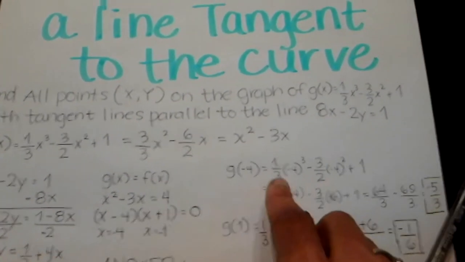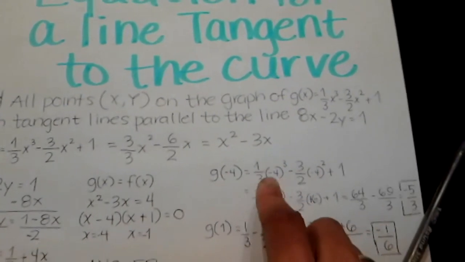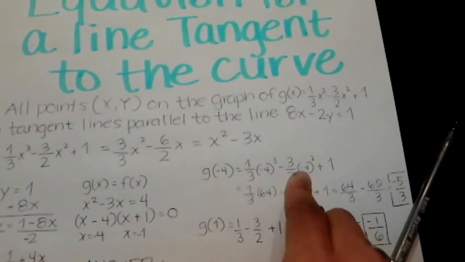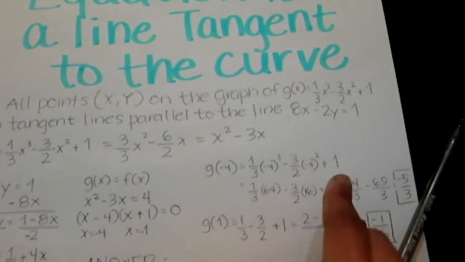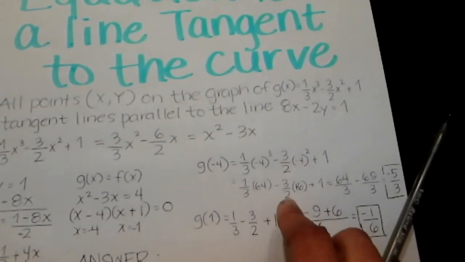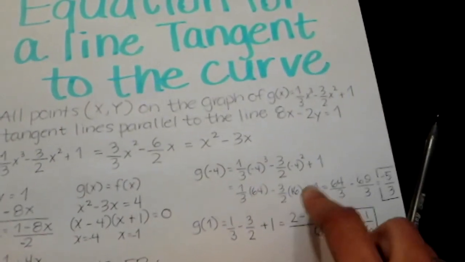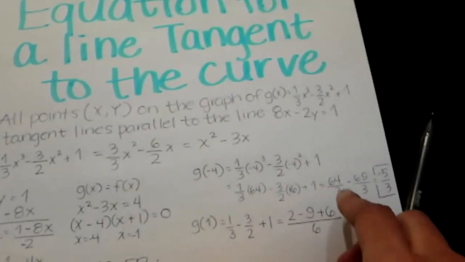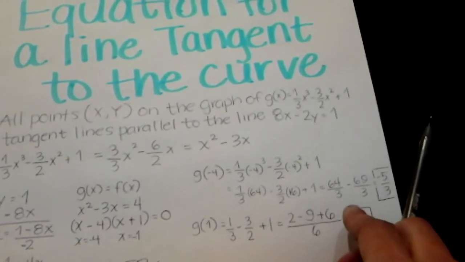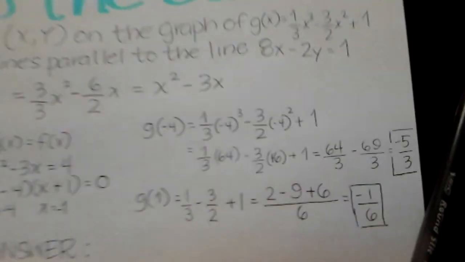And you're going to solve right here for 1/3 times 4 to the third minus 3/2 times 4 to the second plus 1, which will give you 1/3 times 64 minus 3/2 times 16 plus 1, which will give you 64 over 3 minus 69 over 3. That'll give you negative 5/3.